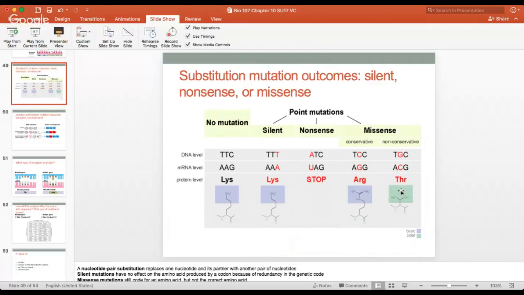I'm not as good in my amino acids as Heather is. But instead of having lysine here, we end up having a different amino acid. That's our missense. And these are all substitution mutations. We're changing this C and turning it into a T, or changing this T into an A, or this T into a C, or something like that, where we're just taking one letter and changing it.